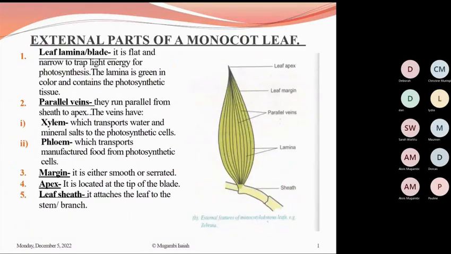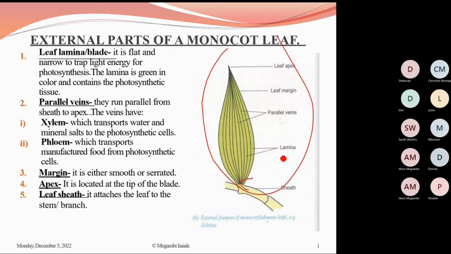So you can see this is for a monocot, whereby we have the parallel veins, or parallel venation, and that is usually the difference. And also we have the sheath. So you can see we have the sheath here, which is not usually in a dicot leaf.